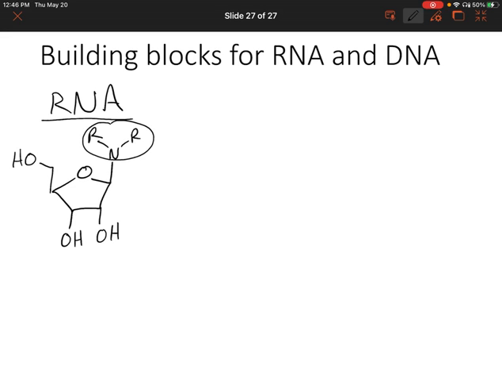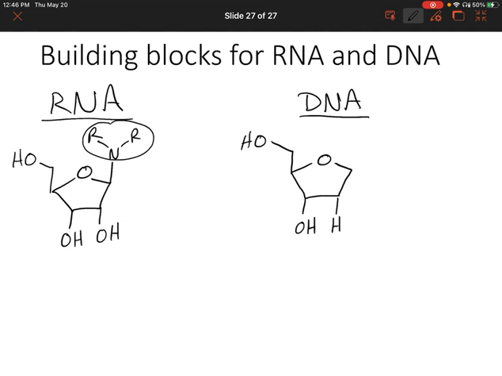Same for DNA. So let's draw our DNA building block. So again, we have a 5-membered ring with CH2OH off to the side. We've got an OH group pointing down, a hydrogen, and then some sort of nitrogen-containing compound. And depending on what that is, that's going to give us our building blocks of DNA. So these are really important, these N-glycosides.